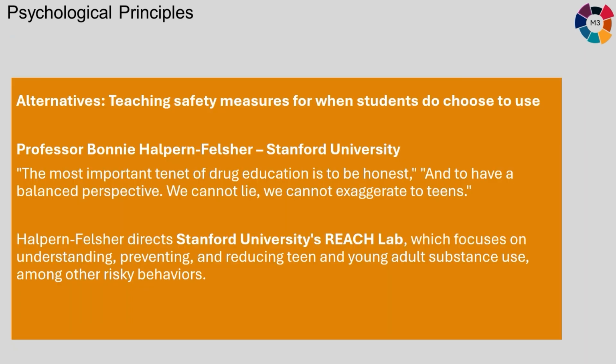Some alternatives would be teaching safety measures for when students do choose to use. Professor Bonnie Halpern-Felsher from Stanford University said that the most important tenet of drug education is to be honest and to have a balanced perspective. We cannot lie and we cannot exaggerate to teens. This researcher directs Stanford University's REACH lab, which focuses on understanding, preventing, and reducing teen and young adult substance use, among other risky behaviors.